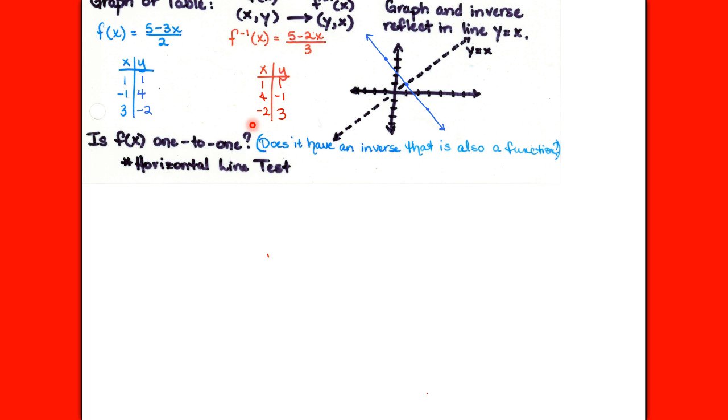Literally, I can take the ordered pairs of my original function and flip them, and I will get the ordered pairs of my inverse. So that's one really cool thing about inverses. That would be one way then that I could verify this graphically, because I could put the equation in y equals and look at a table, and then I could put the inverse in y equals and look at a table, and x and y should be switched, right, in the table.